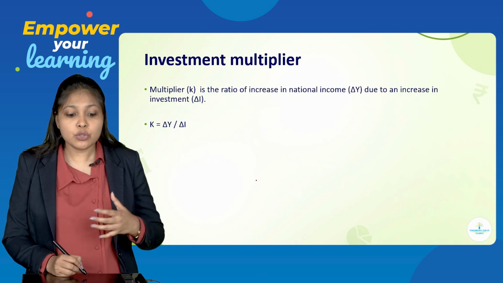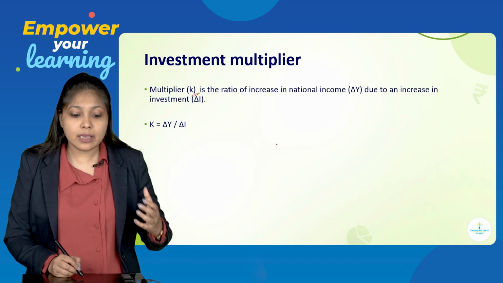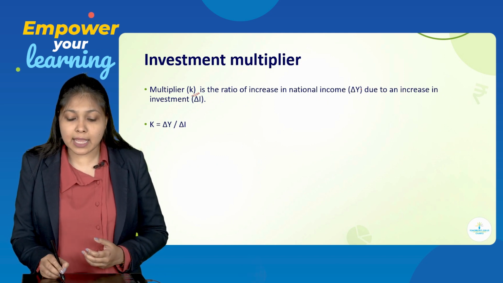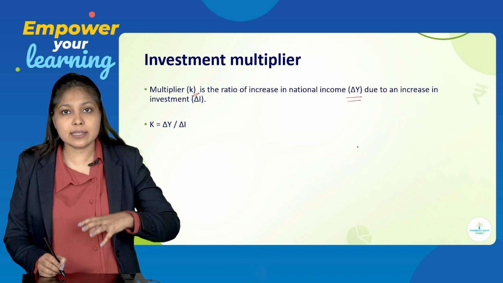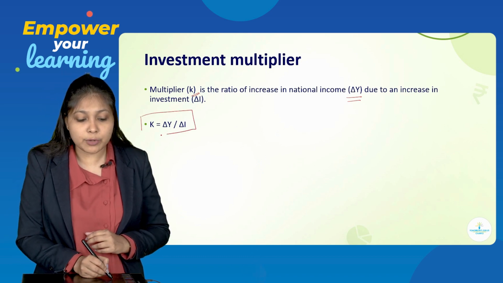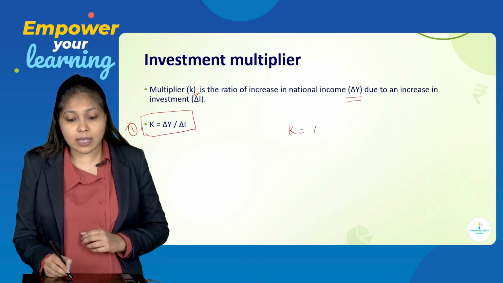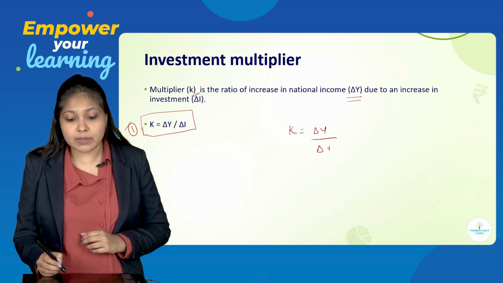Very simple. So the multiplier, which is denoted by the letter K, is the ratio of increase in national income due to increase in investment. That is why the first formula of K is change in income upon change in investment.